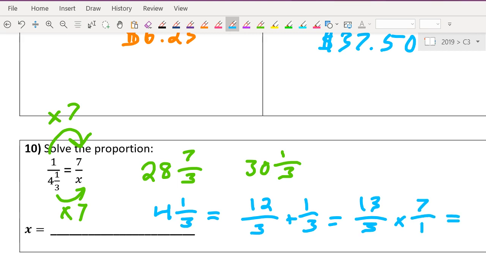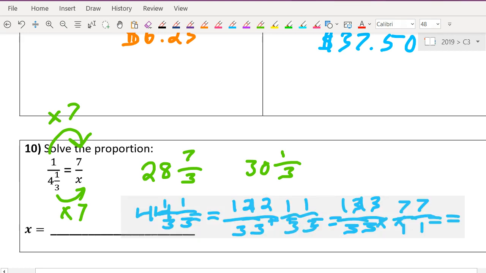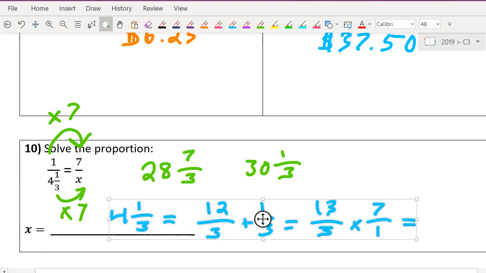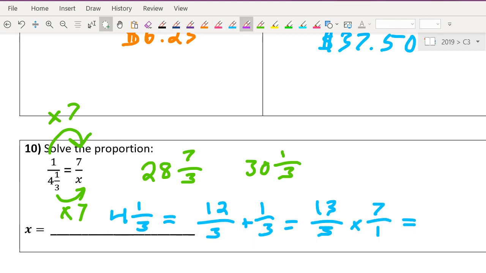See, I didn't want to have to deal with that. Sometimes mathematicians are lazy when they know shortcuts that work better. But you still want to show your work. So sometimes mathematicians are lazy, sometimes they're not. So 70 plus 21 is 91/3, right? And then that goes in 30 times with 1/3 left over. So we got the same answer, 30 and 1/3.